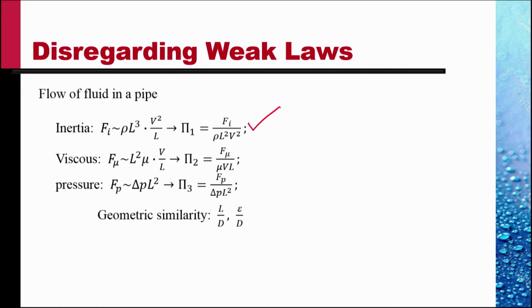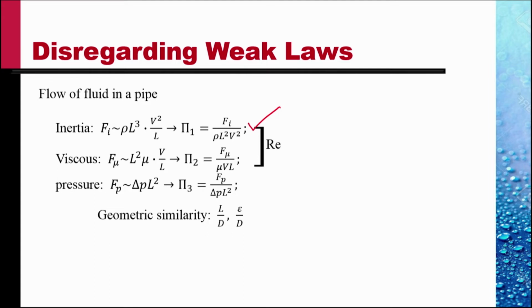Of course, we have geometric similarity parameters L by D and epsilon by D. Epsilon is the roughness parameter. Epsilon by D is the relative roughness parameter. L is the length of the pipe and D is the diameter of the pipe. From the first two laws, inertia and viscous, we get Reynolds number rho L V divided by mu.